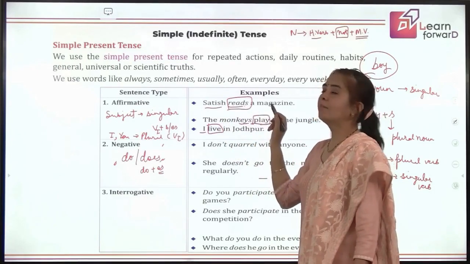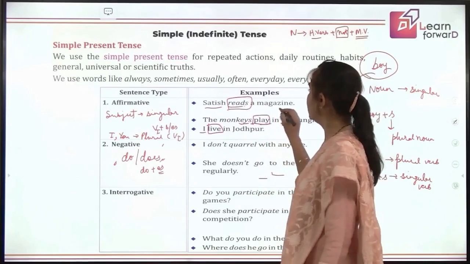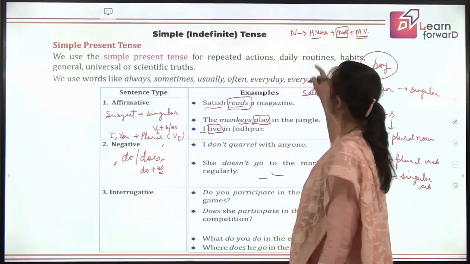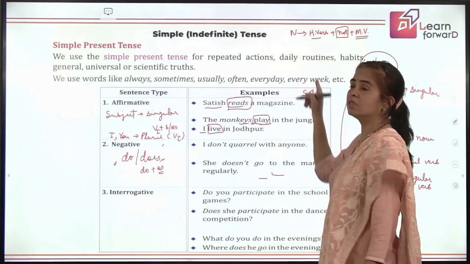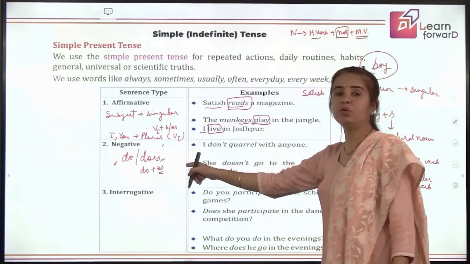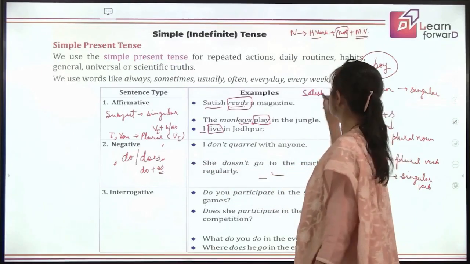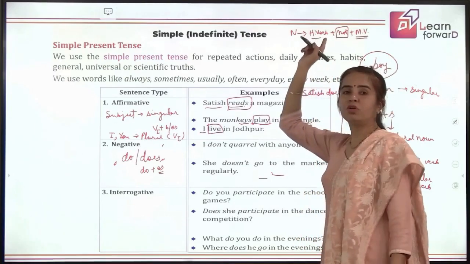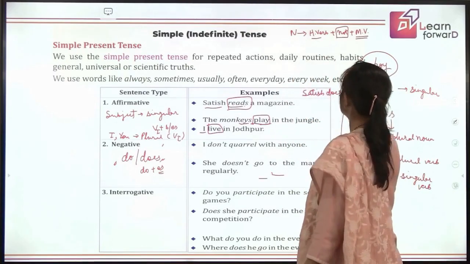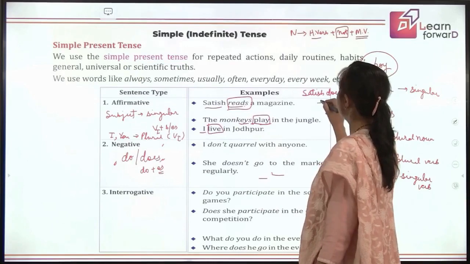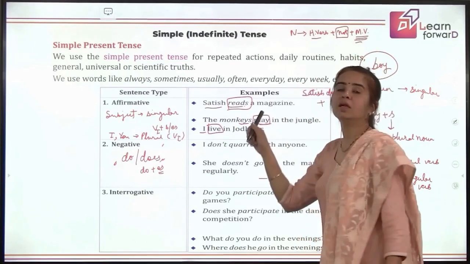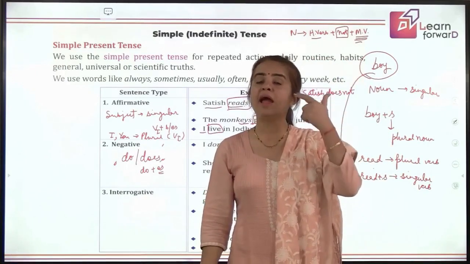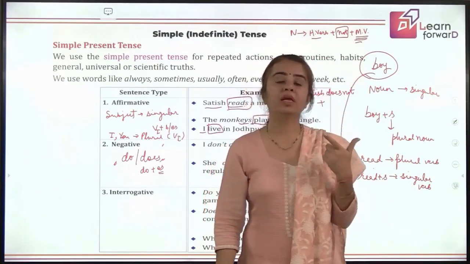Satish reads a magazine. So what will it be in negative? It will be Satish. What is the verb structure here? Helping verb. Satish is singular. So what helping verb will you introduce? Does. So Satish does. After helping verb, what do you have to use? Not. Satish does not plus. What is the main verb here? Reads. Now one more thing to remember is the helping verb and the main verb together both cannot be singular.